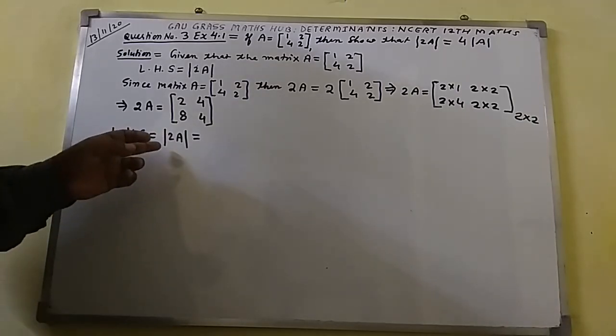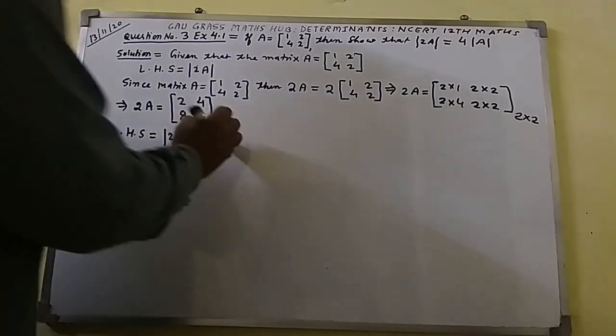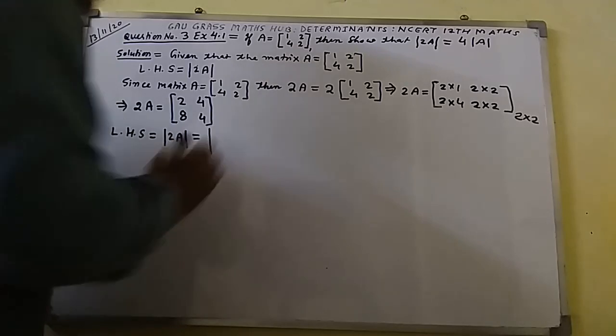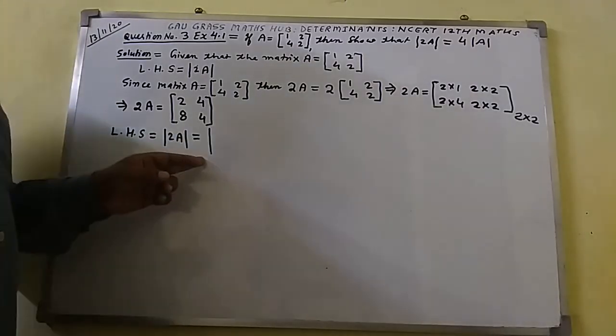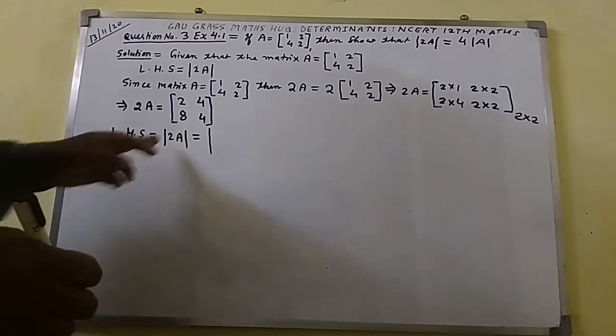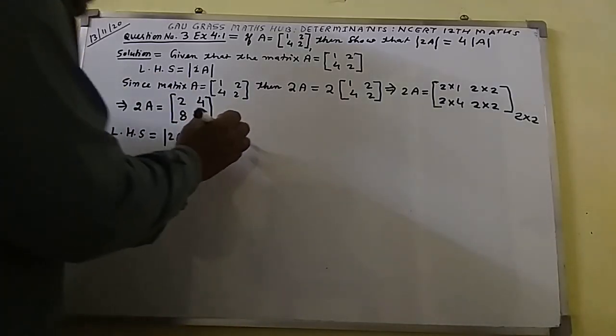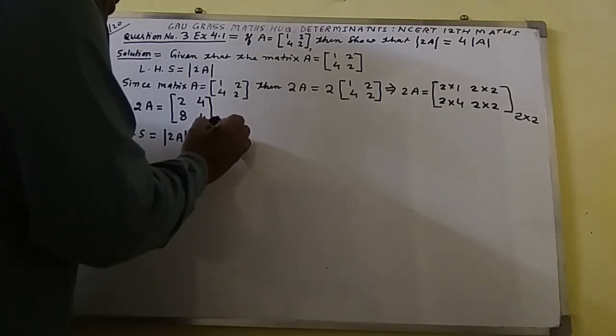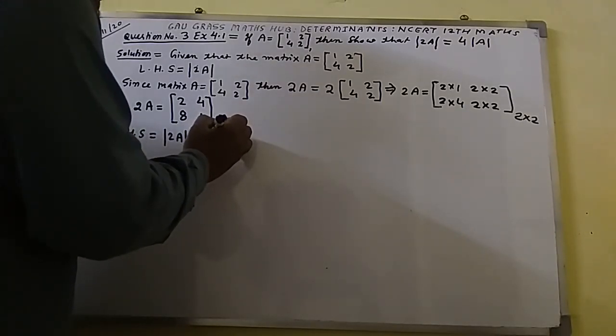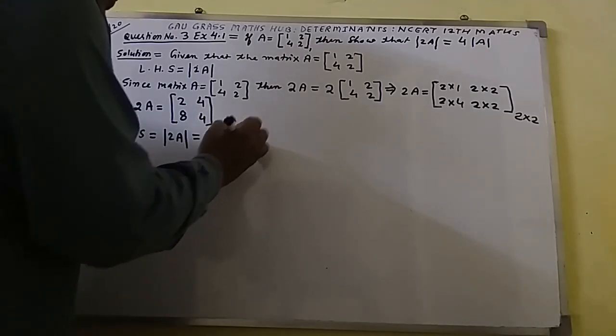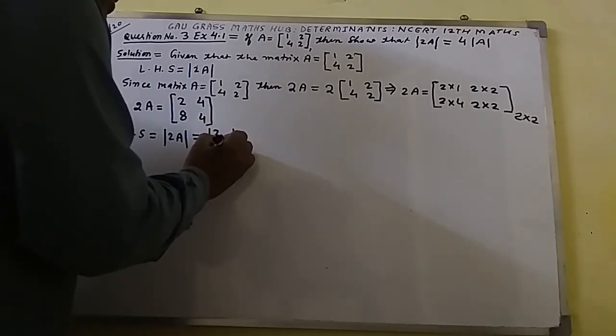So here you will find the determinant of 2A. I open vertical lines, and the elements of 2A are written inside two parallel vertical lines: 2, 4, 8, 4.